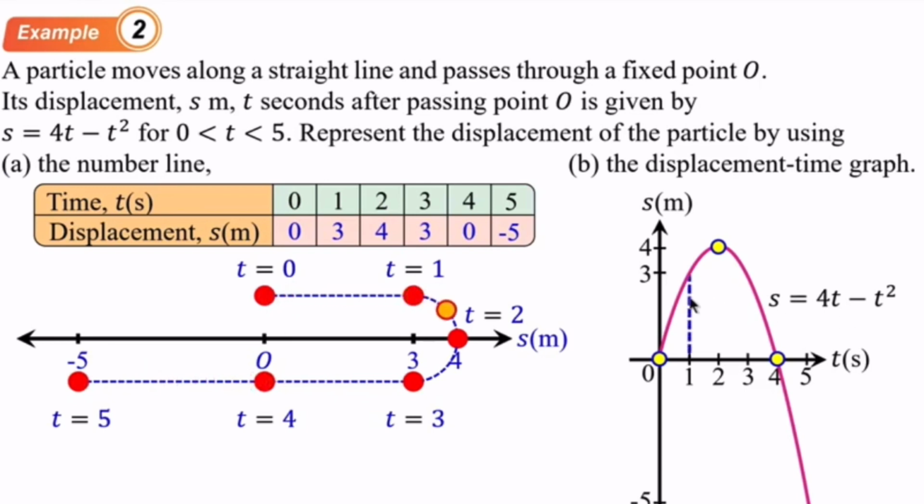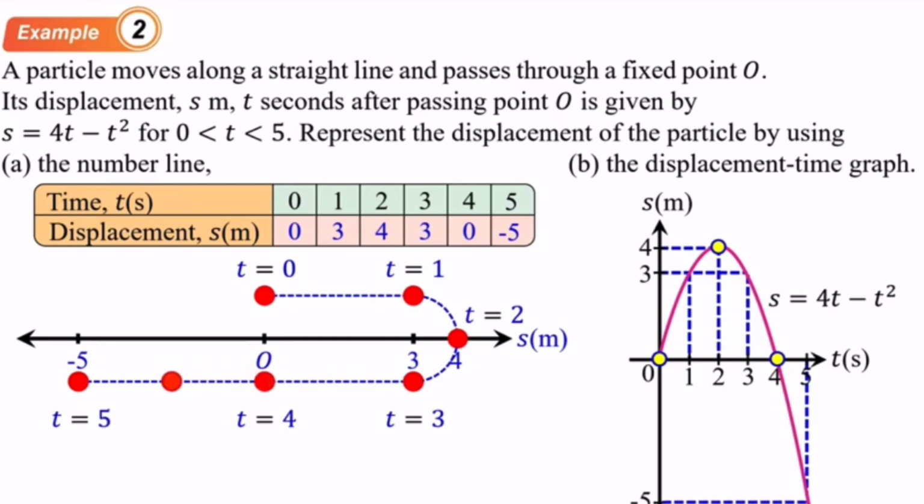And the function is a quadratic function. When t equal to 1, the displacement is 3. When t equal to 2, displacement is 4. That is the maximum displacement. And then when t equal to 3, we get displacement 3 again. And when t equal to 4, the particle passes through the fixed point.